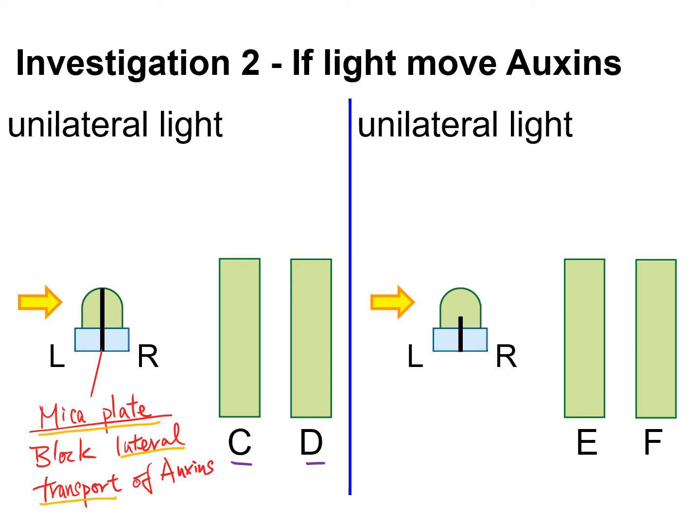Therefore, on both left and right side of the tip, they should have the same amount of auxin after production. Therefore, the agar on the left and the agar on the right should also contain the same amount of auxin.